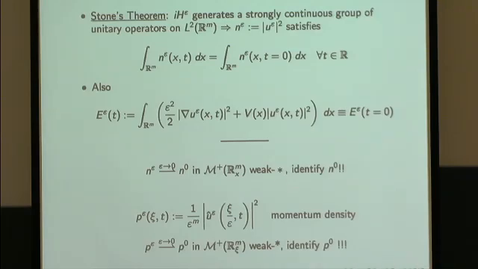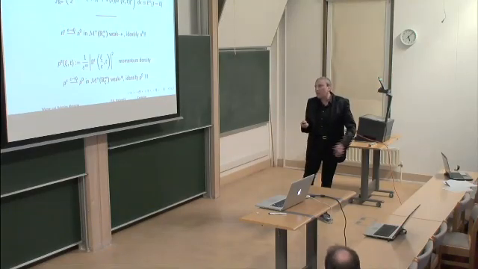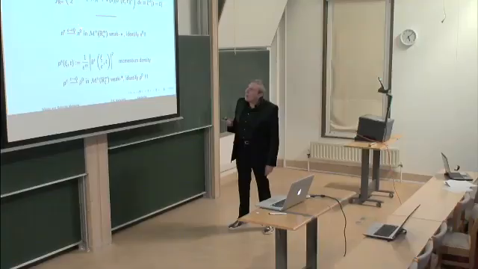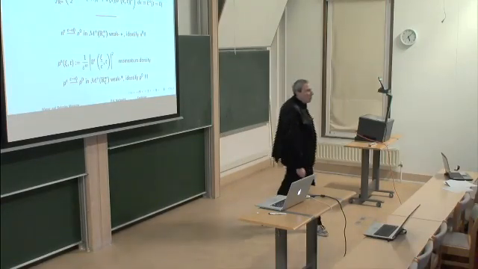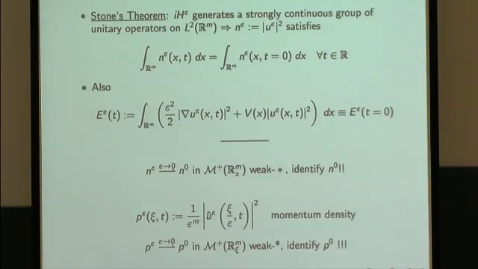So, what does this imply? This implies that after extraction of a subsequence, there is a limit of the sequence of position densities, which I call N0, and this is in general a measure, and the limit process holds in measure weak star. So the job at hand is to identify N0.